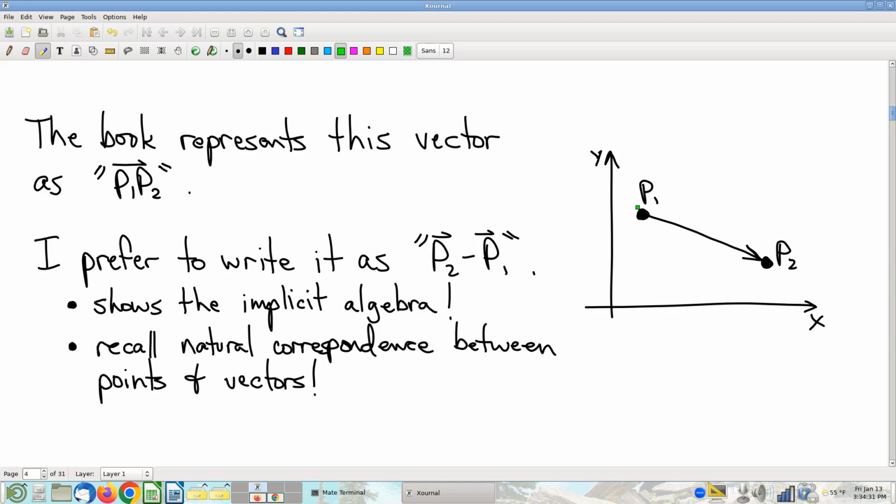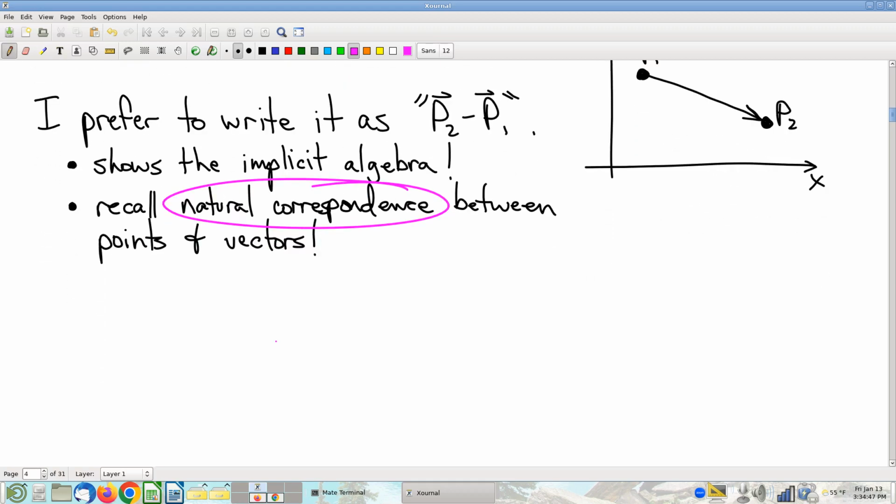Yeah, so they're not technically the same. A point is a location, right? A vector is a direction and a magnitude. But even though they're different things, they are in a natural correspondence, and that goes as follows.